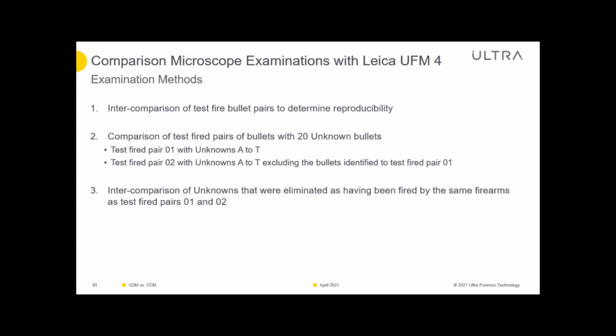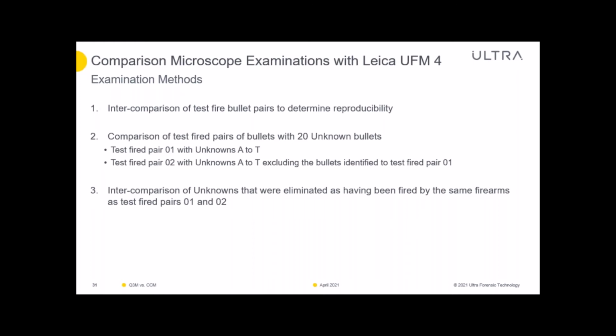My examination method was as follows. I first intercompared the test-fired pairs of bullets to determine reproducibility. And then I compared the test-fired bullets with the unknown bullets. First, test-fire pair 1 to the unknowns A through T, and then test-fire pair 2 with the unknowns A through T, excluding the bullets that were identified to test-fired pair 1.